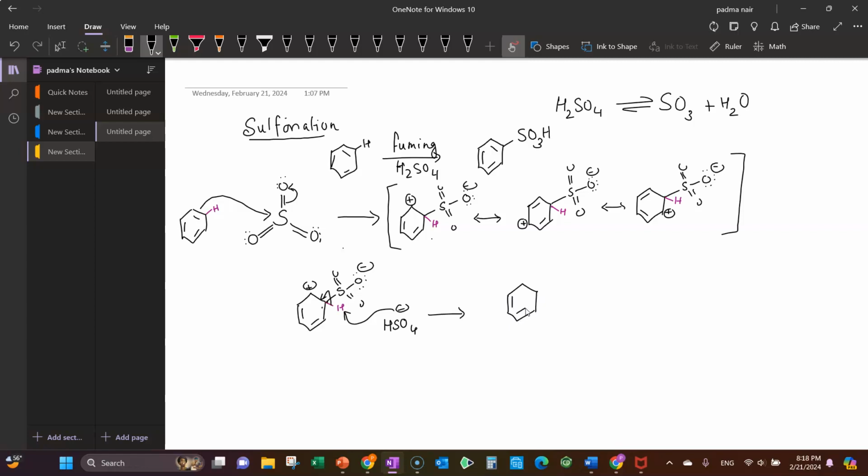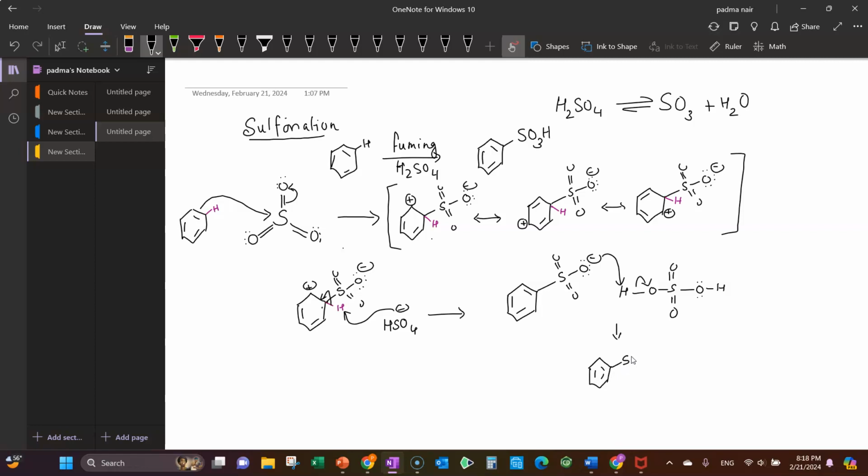So we can put this back, S double bond O, and it is an anion here, but actually this anion can take a proton from sulfuric acid. It's again an acid-base reaction, and that's how we get the sulfonated benzene. So proton from here, put these electrons here, and finally you get the substituted benzene, the sulfonated benzene.